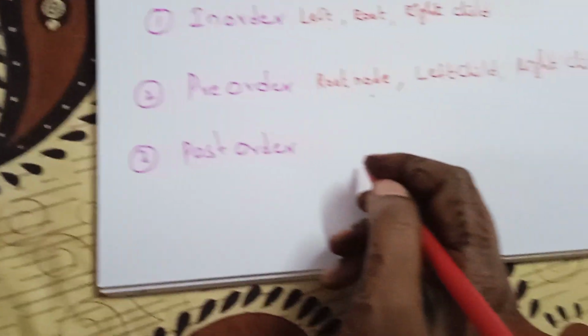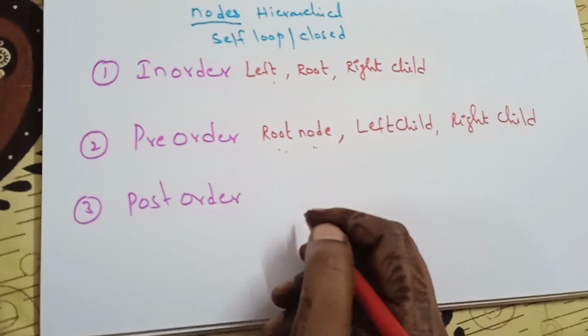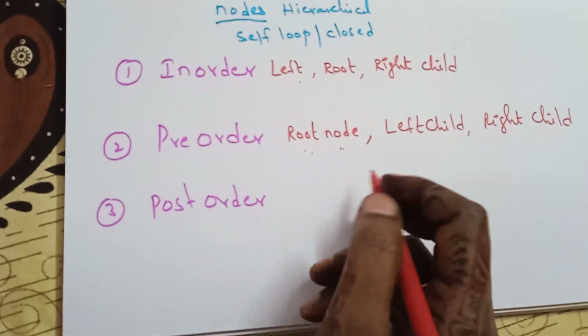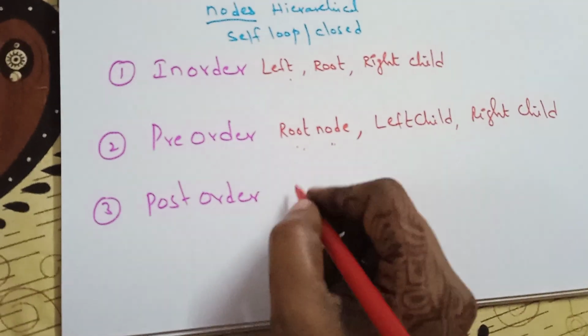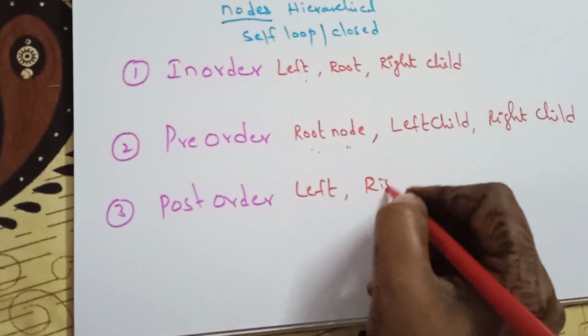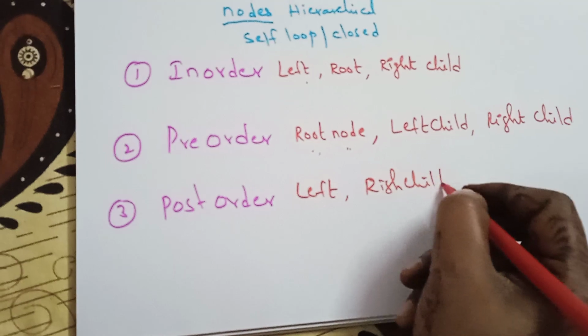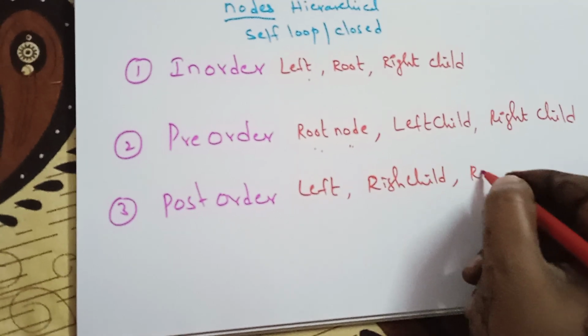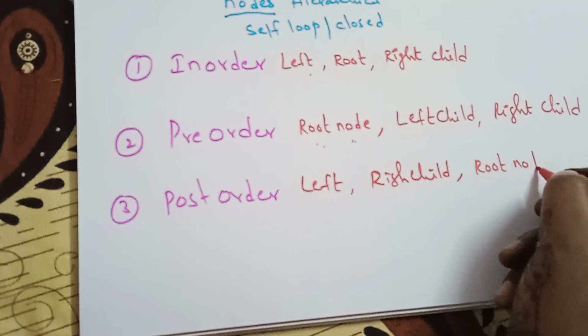Then post-order. Post-order means the root node will be visited last. That is left child, right child, finally root node.